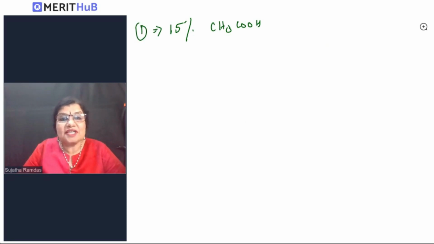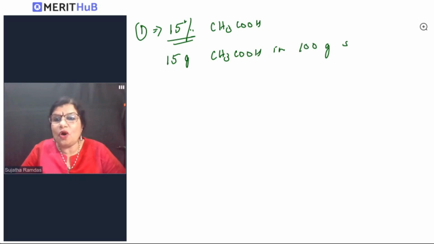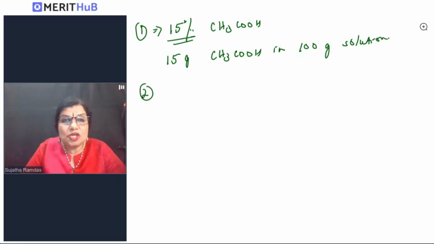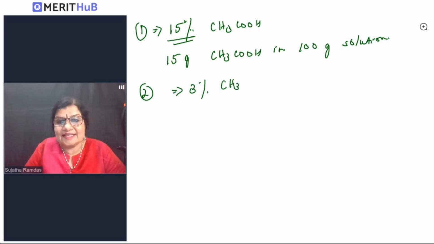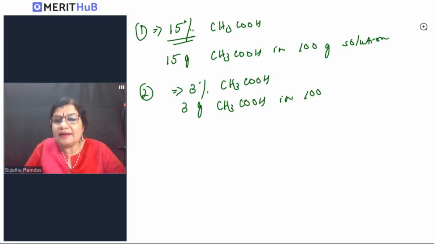What does that mean? 15 grams of acetic acid solute in 100 grams of the solution. And the second solution is 3% acetic acid. What does that mean? 3 grams of the solute CH3COOH in 100 grams of that solution.